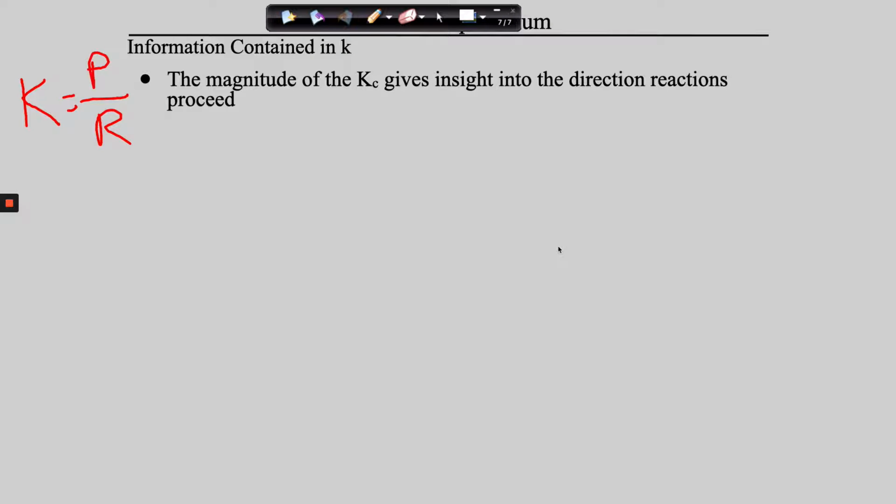First of all, we can talk about the directions that reactions proceed as they get started. So guys, what does it mean if we have a reaction with a really big K value? If K is big, do we have more product or more reactant? More product. So guys, if we've got a Kc value that's large, this reaction favors products.